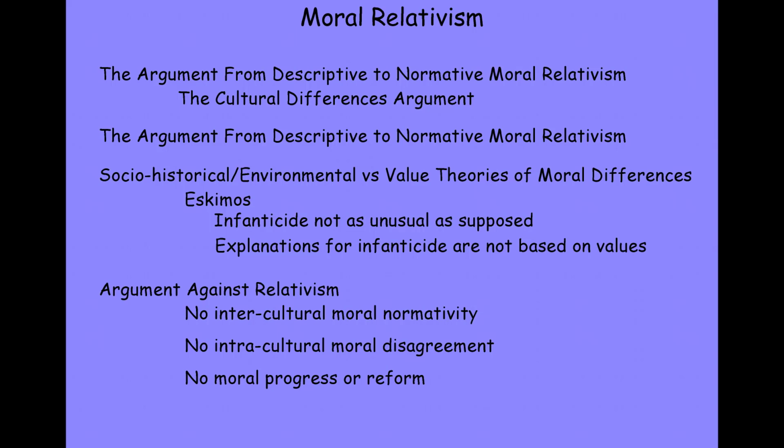So the idea that we now no longer allow slavery in Western societies, and that is a reform, a change in our moral practices that reflects progress, that reflects a recognition that slavery is objectively wrong, we can't make sense of that in the context of metaethical moral relativism and normative moral relativism.